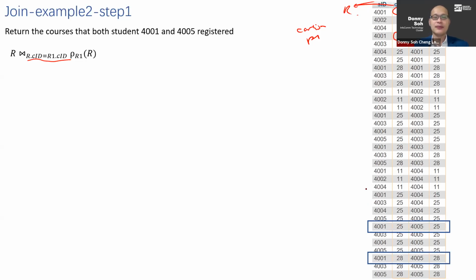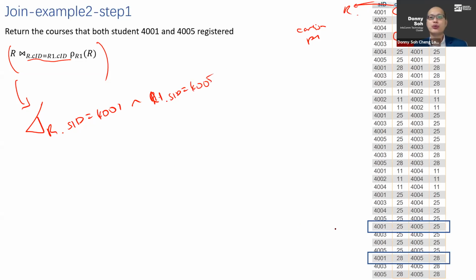The second step is, from this table, I will do a selection based on r.sid equals 4001 and r1.sid equals 4005. This will leave me with just these two rows. This is the second step.